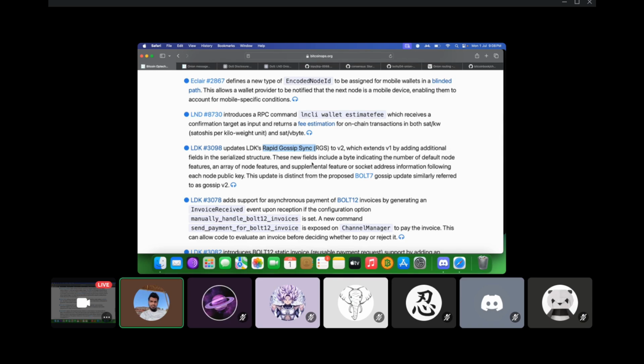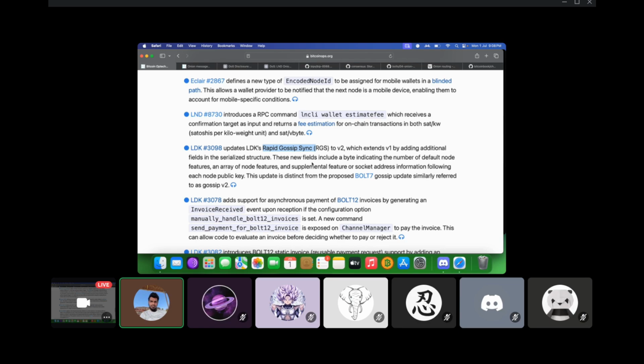What RGS, or Rapid Gossip Sync, does is that it is a semi-trusted server which your Lightning node can query to get the latest snapshot of the Lightning graph data. So your node need not query its peers; it can just query a server that is running RGS, and that server will provide it the latest snapshot of the Lightning graph.